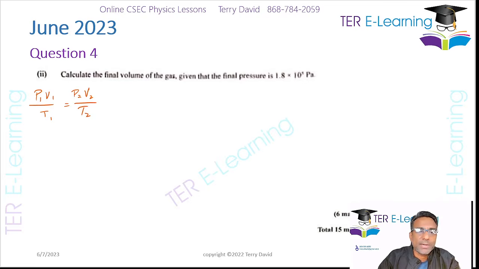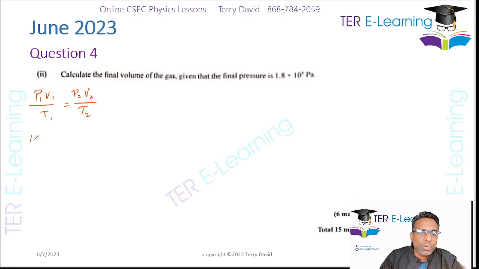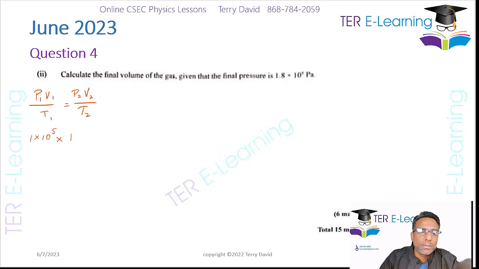Now let's look at all the information they have. The initial pressure is 1 by 10 to the 5, multiplied by the initial volume. What is the initial volume? 1.9 by 10 to the minus 4, all over your initial temperature.